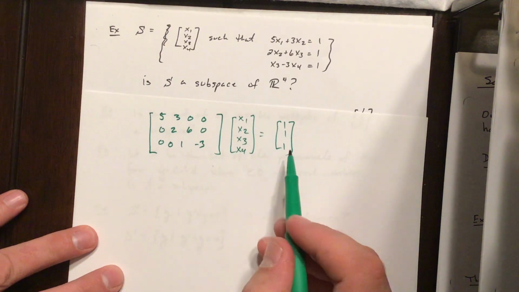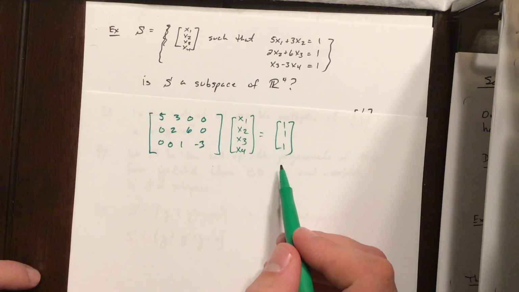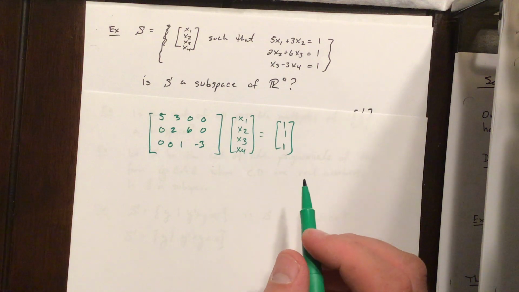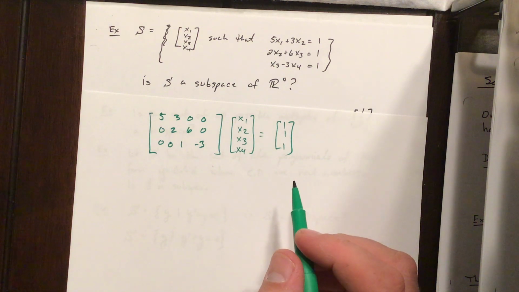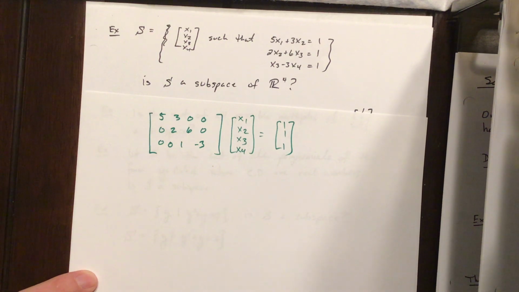Well, I just got done telling you that this being 0 is relevant. So the fact that it's not 0 makes me think that this is not a subspace. And if it's not a subspace, all I have to do is find one example of it not being closed under addition or scalar multiplication. So how to do that?